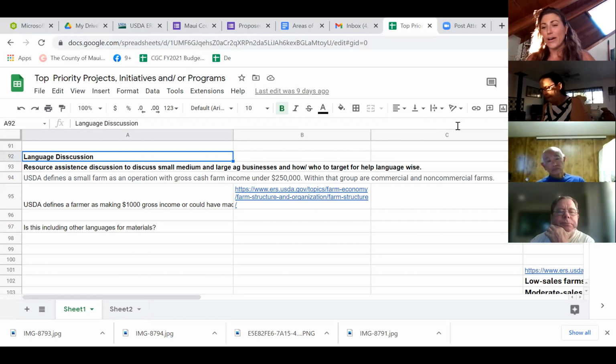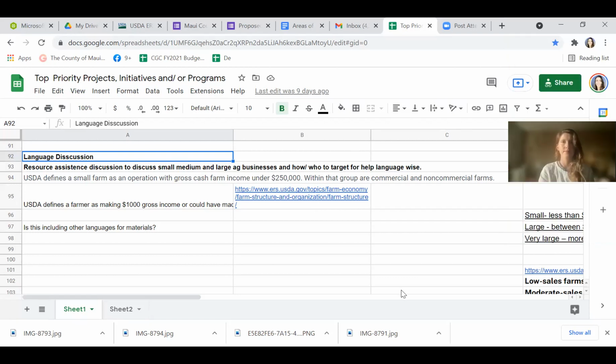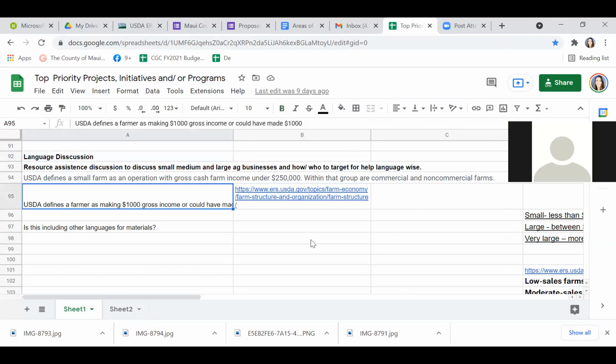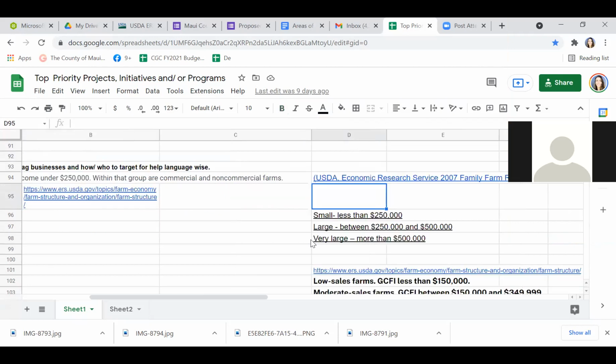Okay. I did go through and pull some resources. According to this link, small operations are less than $250,000, large are considered $250,000 to $500,000, and very large are more than $500,000.